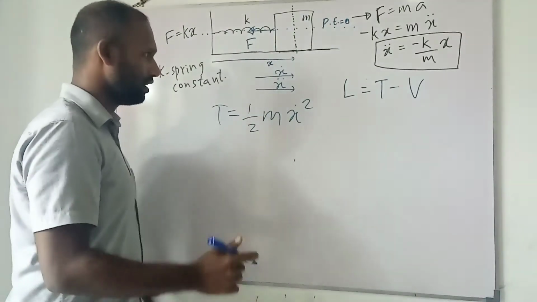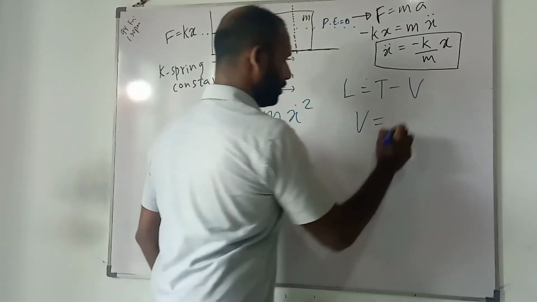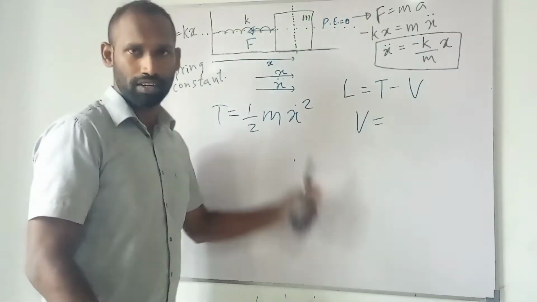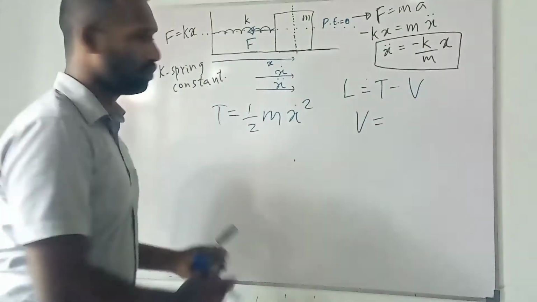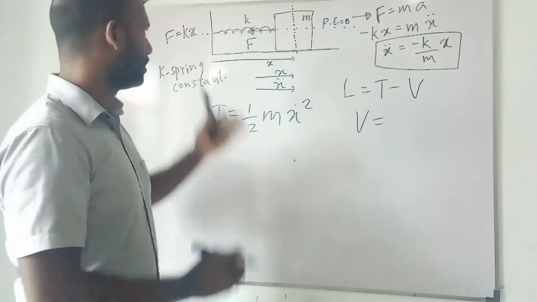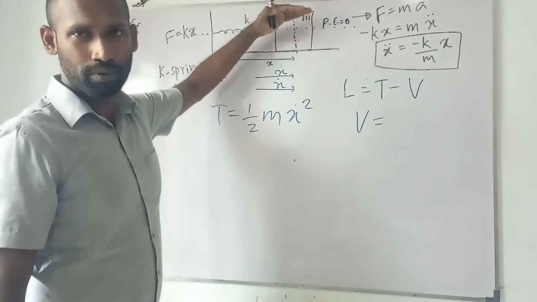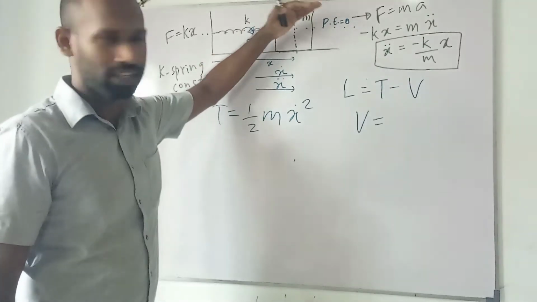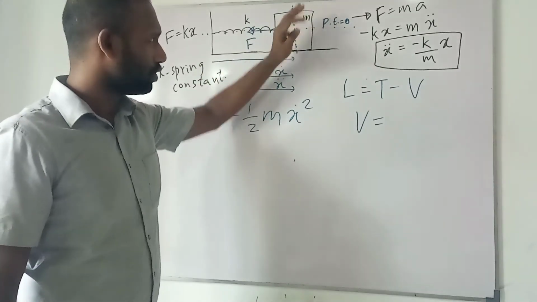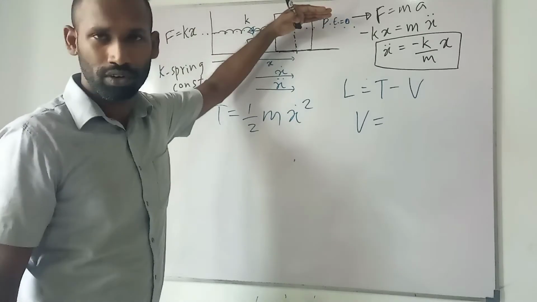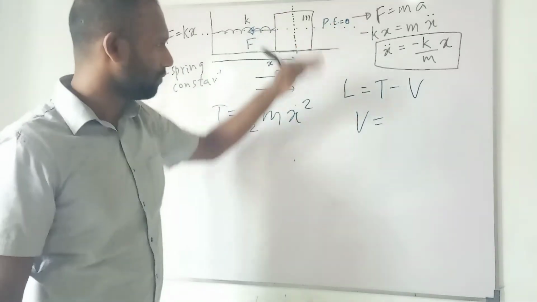Then V equals what? I take this as the level where the potential energy equals 0. So this is the potential energy 0 level.